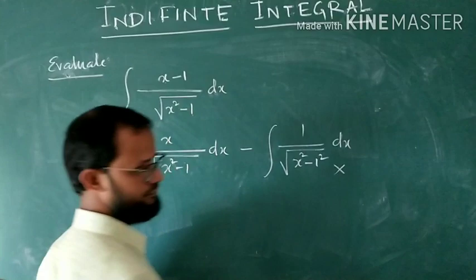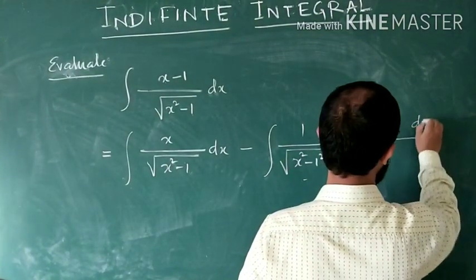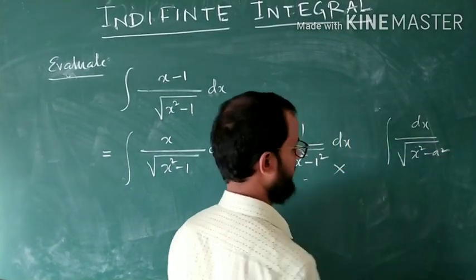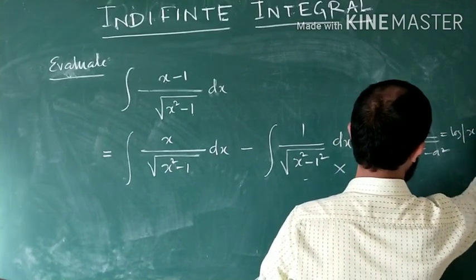This is a direct formula. What formula are you going to apply here? The formula is integration dx by root over x square minus a square. The formula is log modulus x plus denominator.